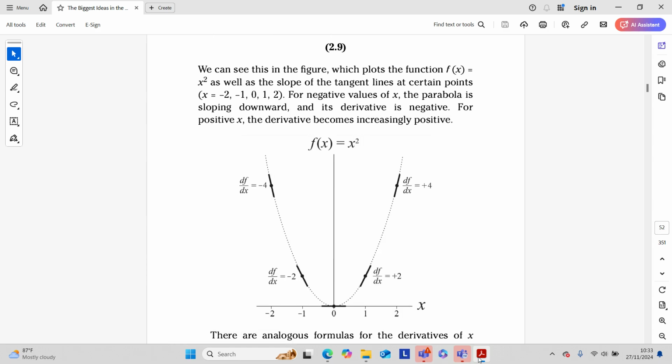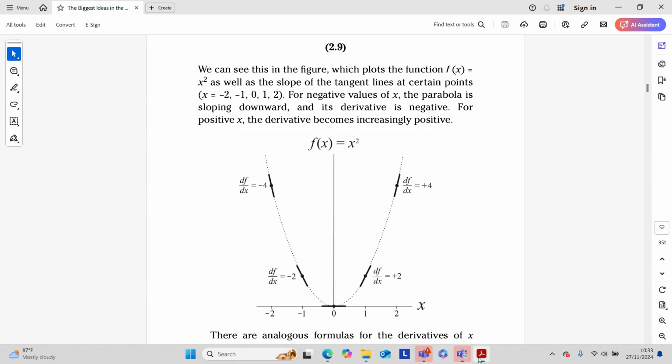We can see this in the figure, which plots the function f(x) = x squared as well as the slope of the tangent lines at certain points: x = -2, -1, 0, 1, 2. For negative values of x, the parabola is sloping downward and its derivative is negative. For positive x, the derivative becomes increasingly positive.